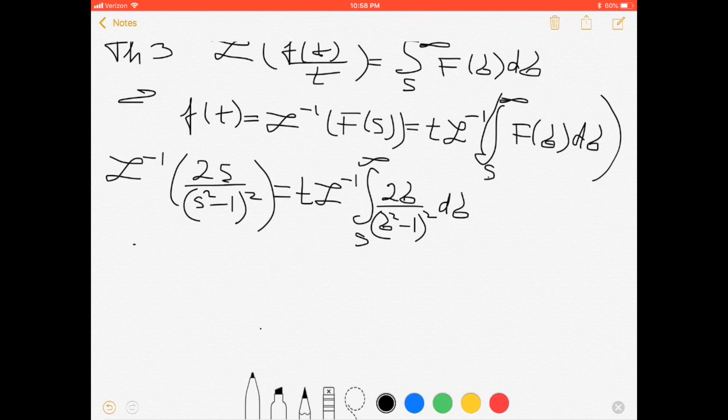And here we use u substitution, where sigma square minus 1 is u, then 2 sigma d sigma will be du. You can easily evaluate this integral.